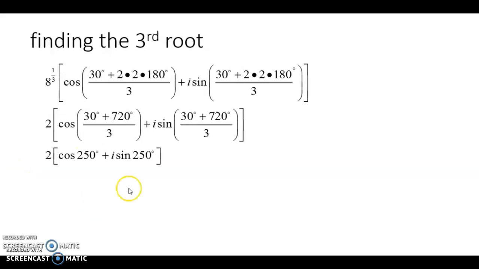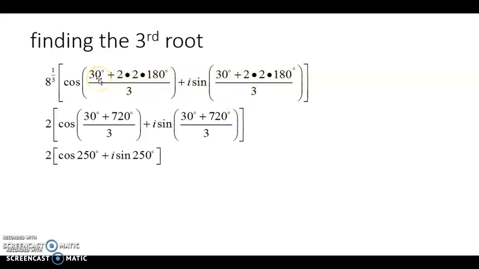And finally, to get the third and final answer, you go through the formula again, plug it in, and simplify. The first time we plugged in 0 for k, then 1 for k. We have to find 3 roots, so after 0 and 1, we move to the next number. This time we plug in 2 for k. Still always 180 degrees for pi. The 2 and the plus sign come from the formula, just copy it.